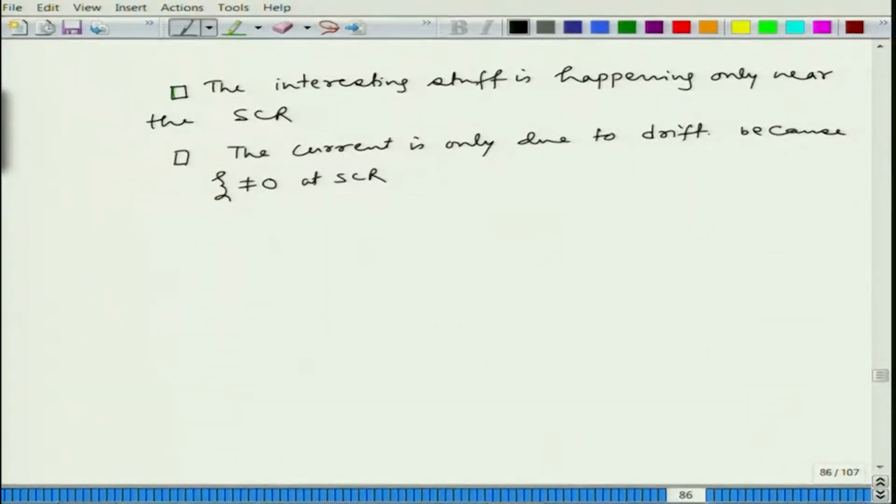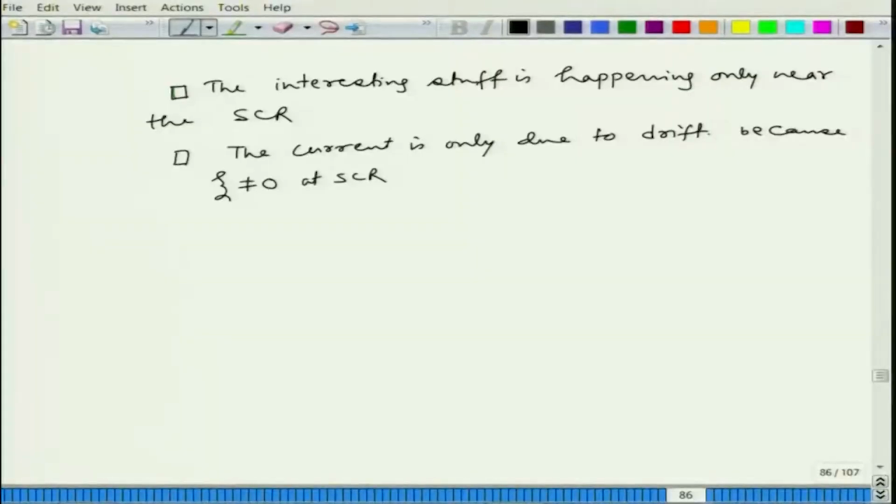But the effect is felt in the nearby region as well, because the added electrons or holes can drift near the space charge region edge just by thermal agitation or thermal movement, and they can be sucked into the other side.